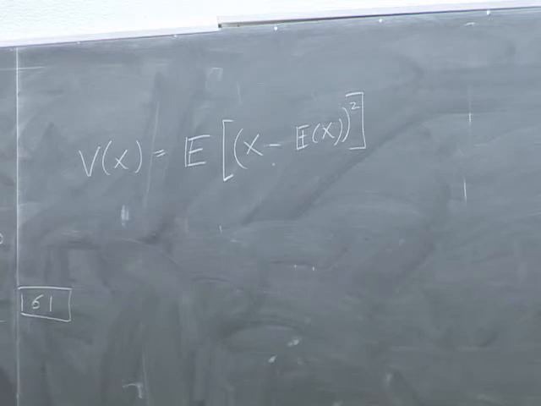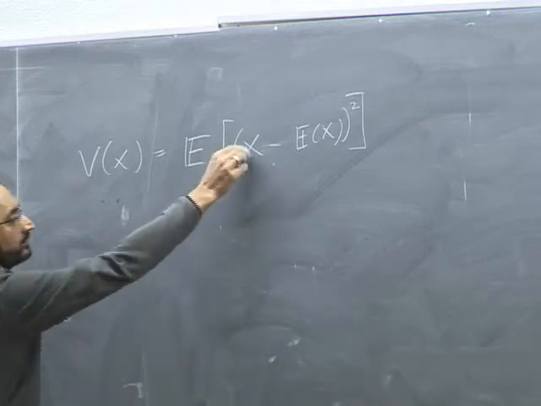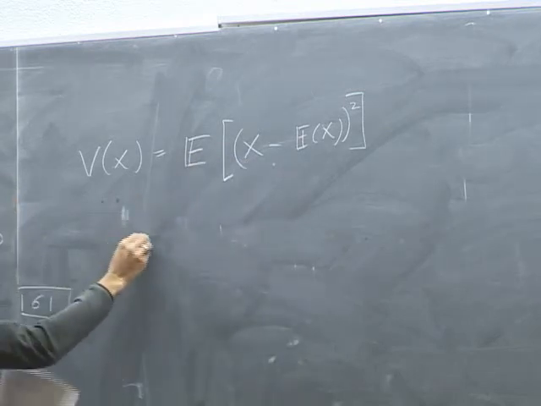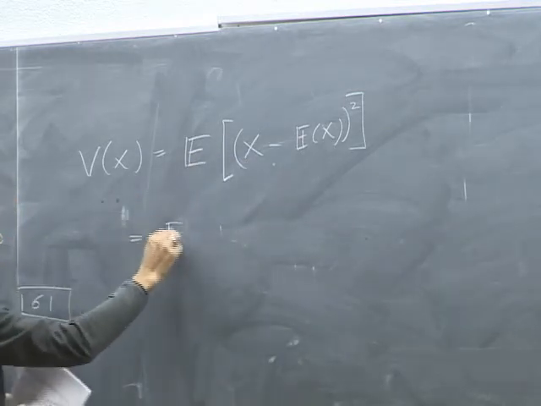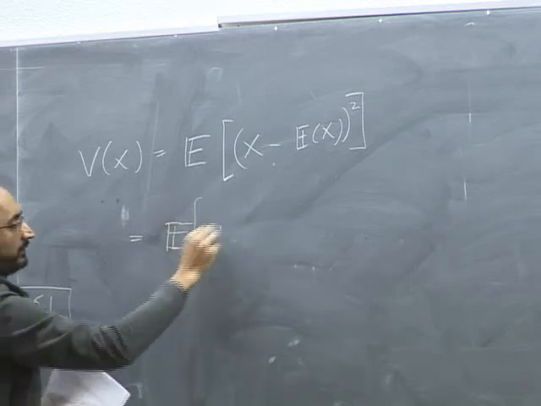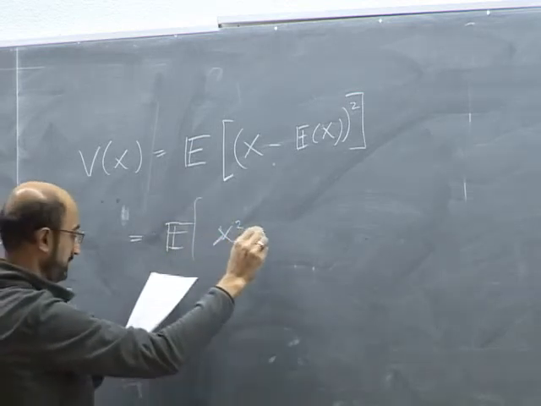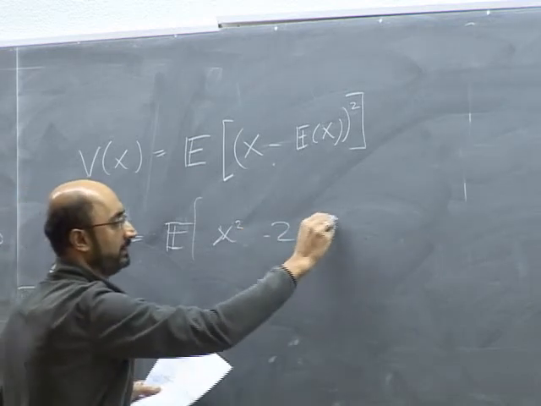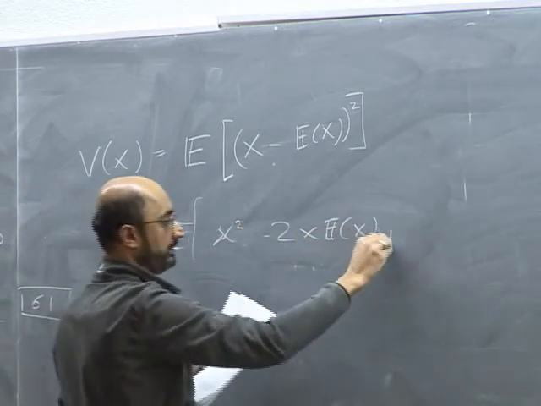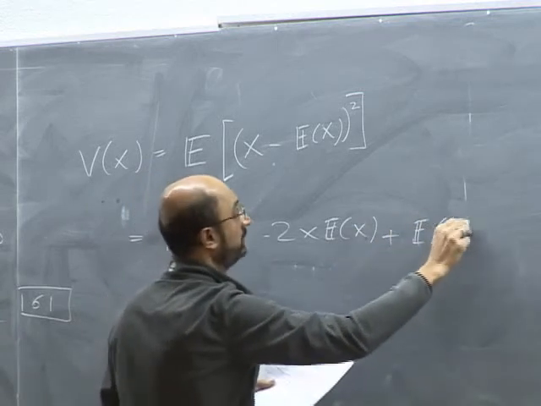Let me first show you how to expand this, and then I'll explain from a statistical perspective what this means. For now, we're going to assume that we exactly know what the expected value of X is. It's a number that's given to us, and we want to know how to compute this. We can compute it as the expected value, and you can just expand the square: X squared minus 2X expected value of X plus expected value of X squared.